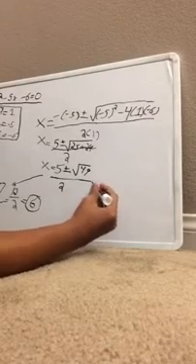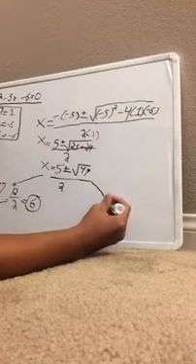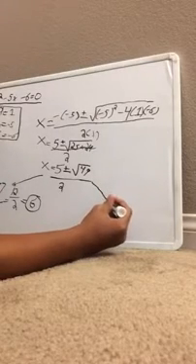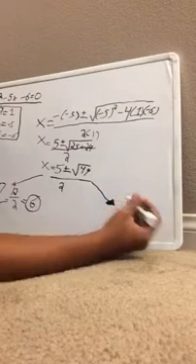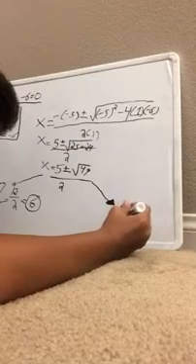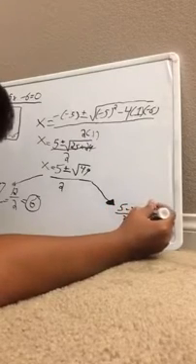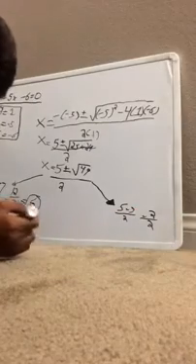Minus. So 5 minus 7 is going to be negative 2 over 2. There's your equation.